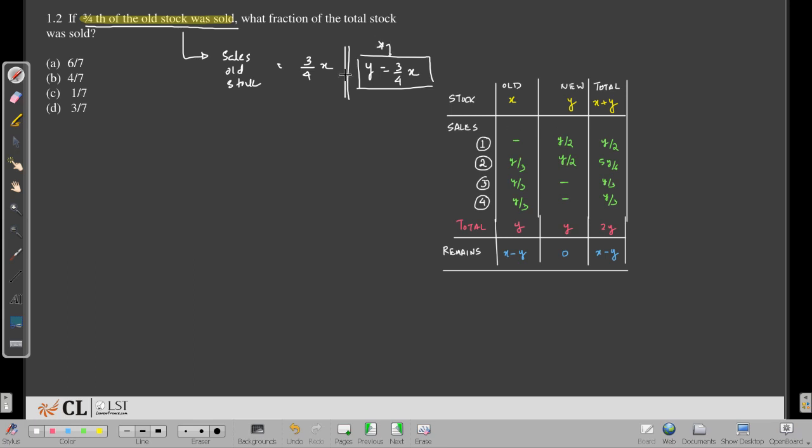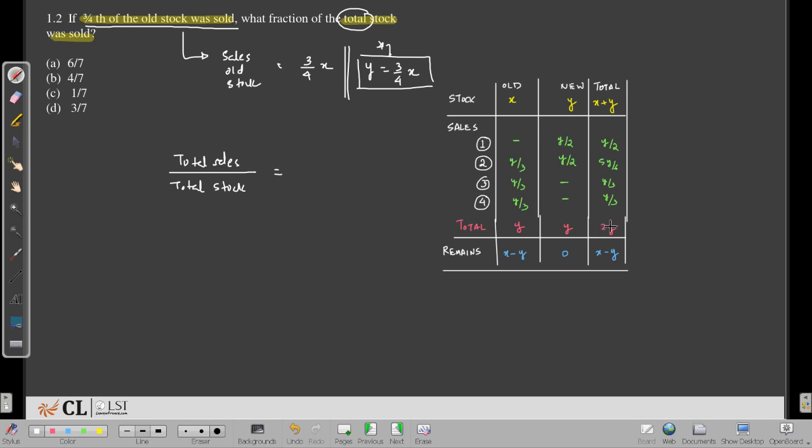Okay. What fraction of the total stock was sold? To answer that question, we need total sales divided by the total stock. What is the total stock?